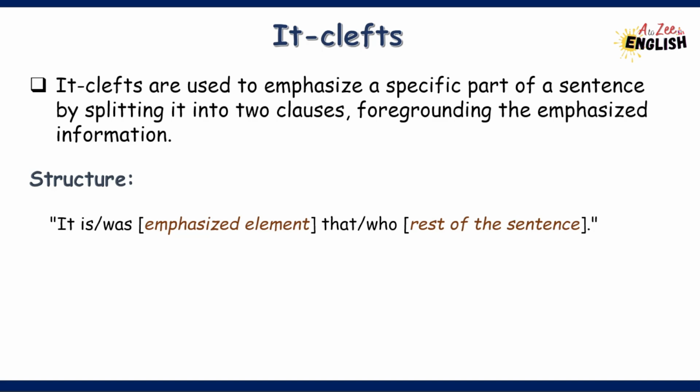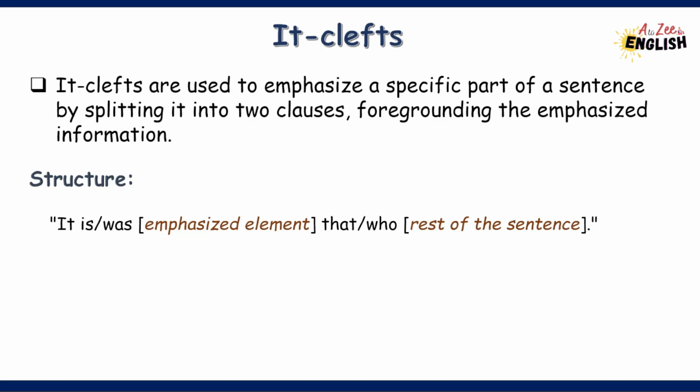And the emphasized element is the part of the sentence you want to highlight. It can be a subject, object, or any place. Then, that or who. This word connects the emphasized element to the rest of the sentence. The rest of the sentence provides the remaining information.